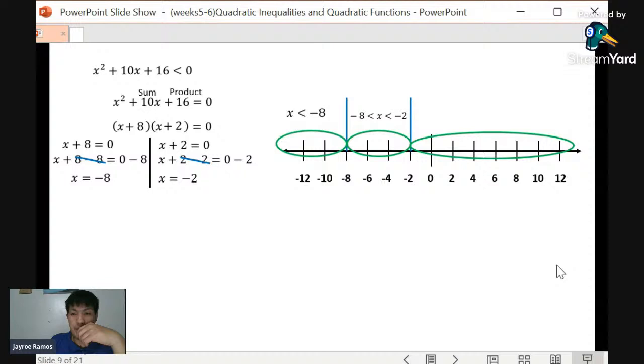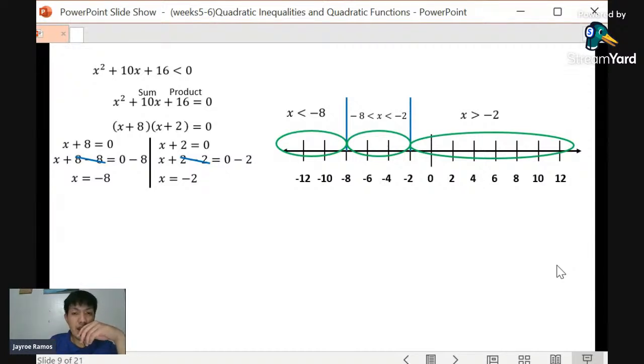Kung nasa kanang part, so that will be x is greater than negative 2. Kasi nga 'di ba kanan towards right eh. Pag towards left, that is less than. Pag towards right, that is greater than. Okay, very good. So now we have already the three inequalities.